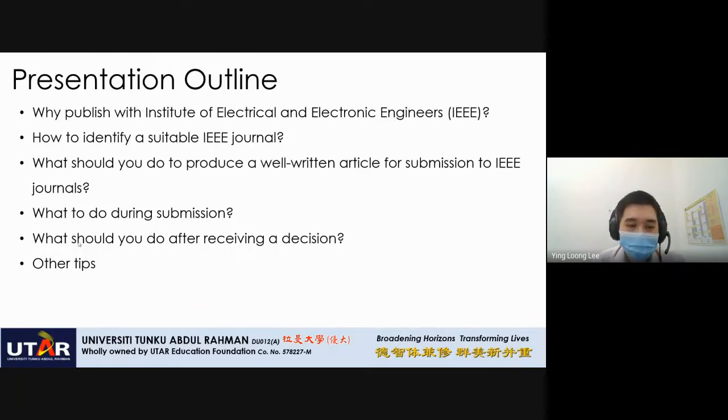And then what should you do after receiving a decision, depending on what the decision is? If it's a revise and resubmit, what should you do when you revise the paper, and how do you resubmit? What should you be aware of?